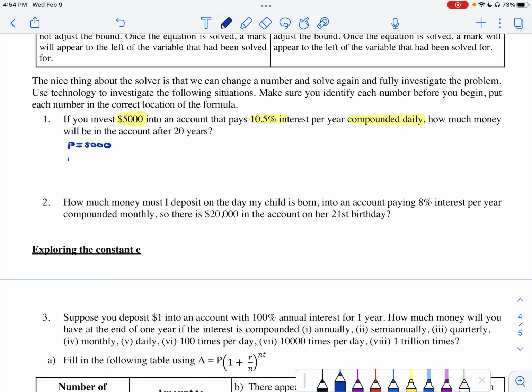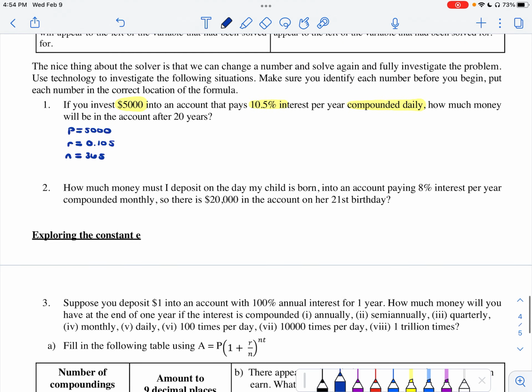So the interest rate, our R, if we change that to a decimal, would be 0.105. Compounded daily, so I'm just going to say 365 days in a year. There are technically more like 365.25 because of the leap year, but let's just go with 365. We'll get a close enough number. And the time we're given is 20 years.